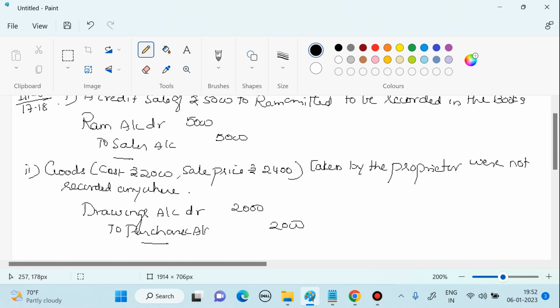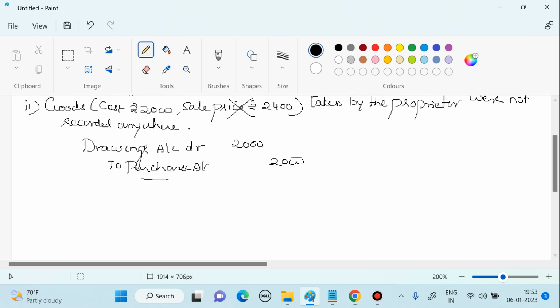So, by what amount should you reduce the purchase account? It was previously debited with 2,000. So, to reduce it, you have to credit it with 2,000. Sale price is only relevant when you sell to an outsider and get money. Therefore, you have to ignore the sale price detail here and record it at 2,000. Clear, everybody? Yes, ma'am.